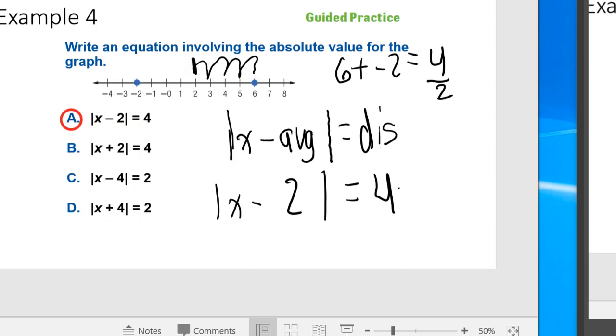So the average between those two numbers was 6 plus negative 2, and that's 4. Then I had 4 divided by 2, which is 2.